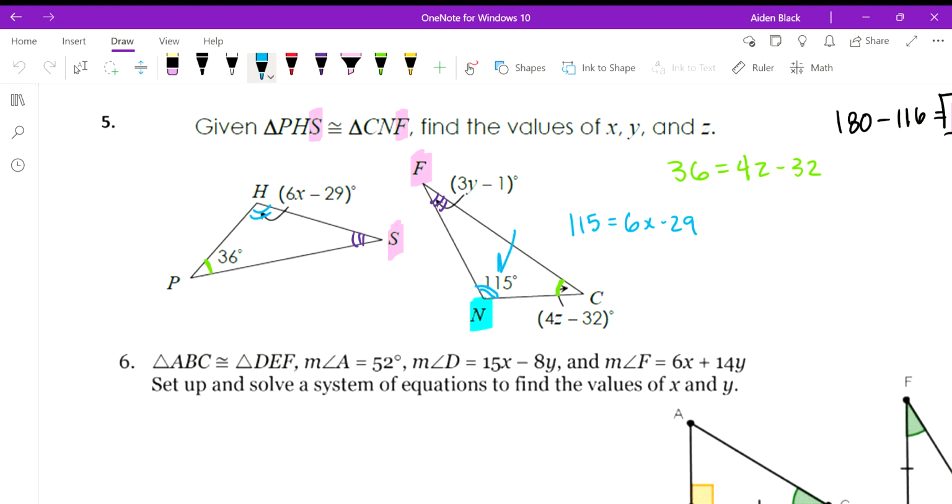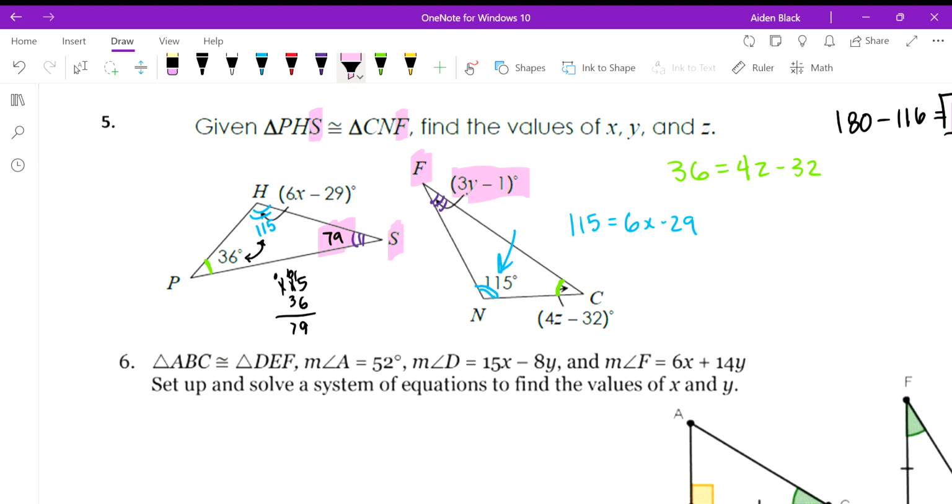Check it out. N goes with H, right? And if N is 115, then we know this is 115. If this is 36, and this is 115, then we can figure out this angle. So 115 plus 36, I get 79. I know that angle S is 79, and now I can write that final statement.